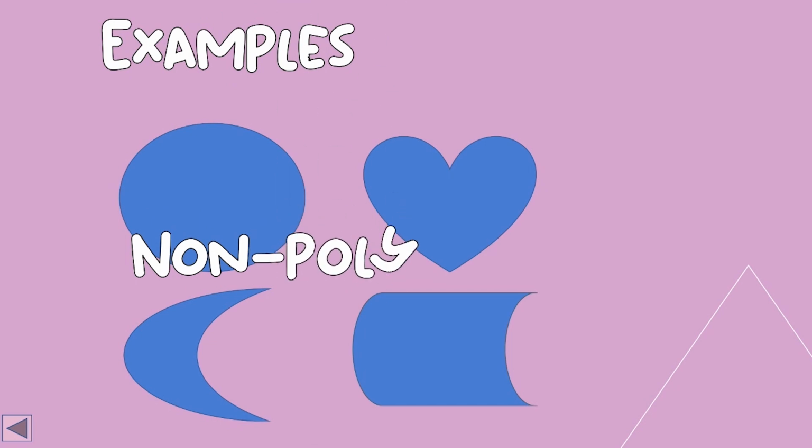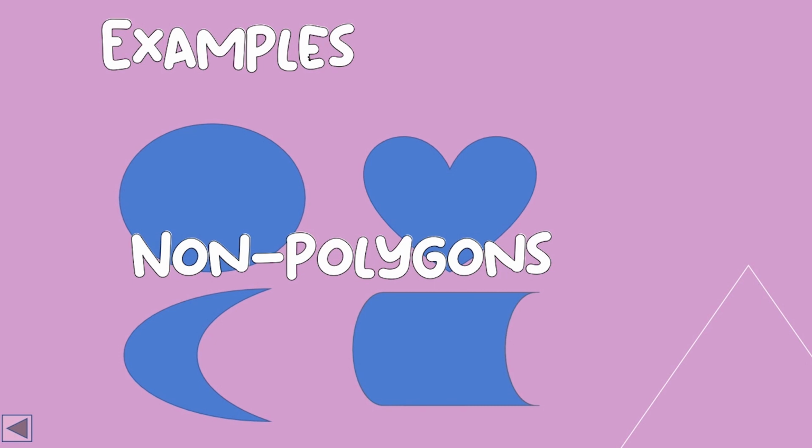So we have here another example. As you notice, these shapes are non-polygons. Why is it not a polygon? Because this shape did not meet the characteristics of a polygon.